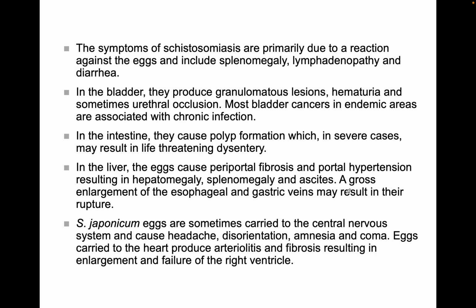The symptoms of schistosomiasis are primarily due to a reaction against the eggs and include splenomegaly, lymphadenopathy, and diarrhea. In the bladder, they produce granulomatous lesions and hematuria, and sometimes urinary occlusion.